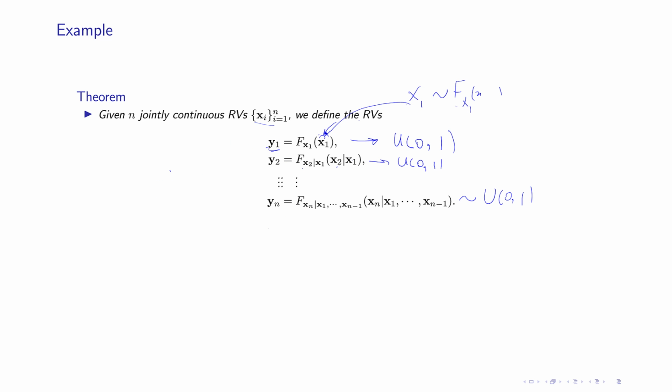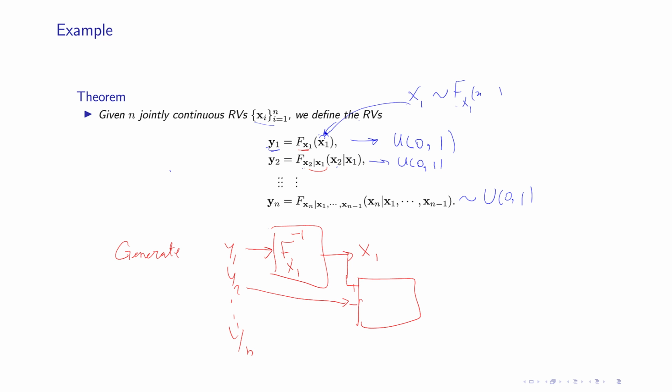So in a generation process, the application is that you could generate y1, y2, yn as n independent random variables uniformly distributed between 0 and 1, and then apply the inverse of this function, the inverse of fx1, in order to calculate x1. Now, you can get x1, and then take y2, give it to the second function, and apply this inverse.